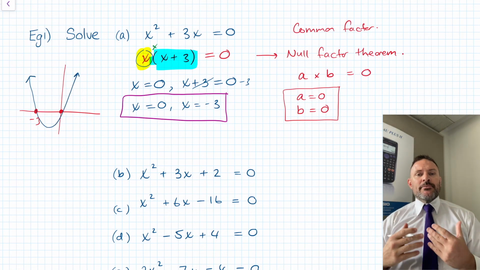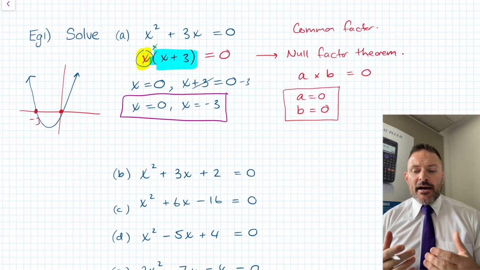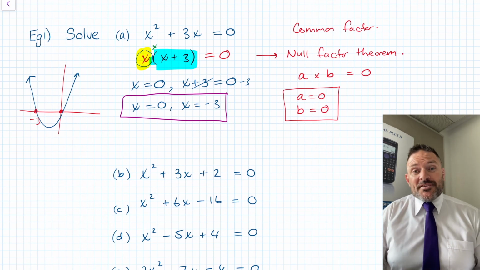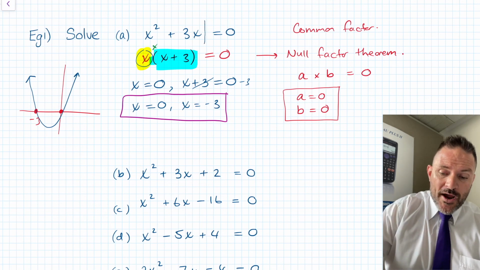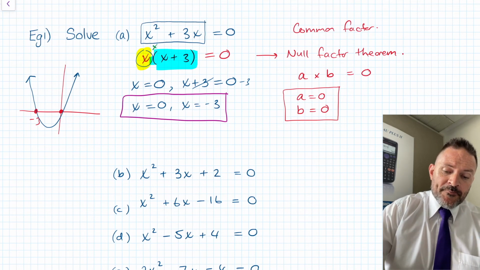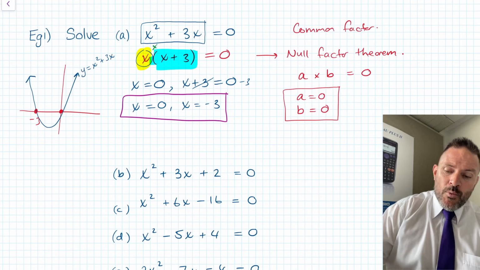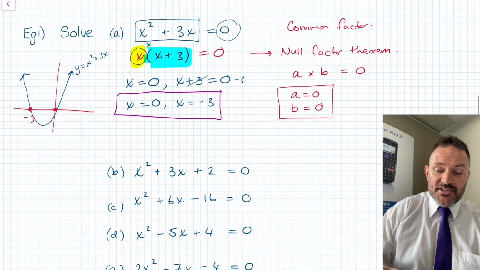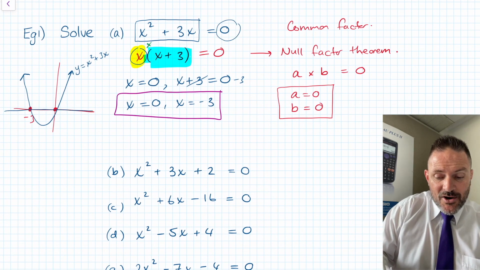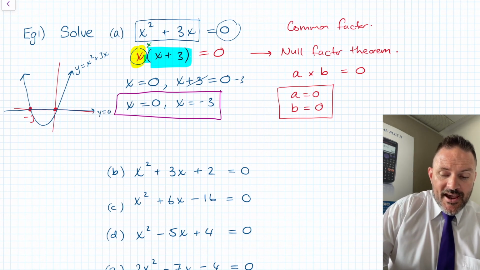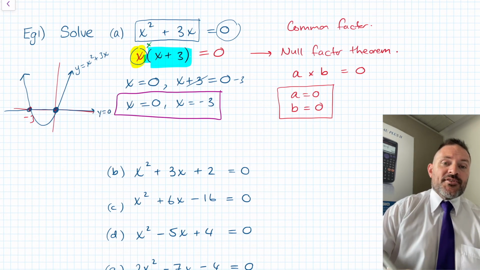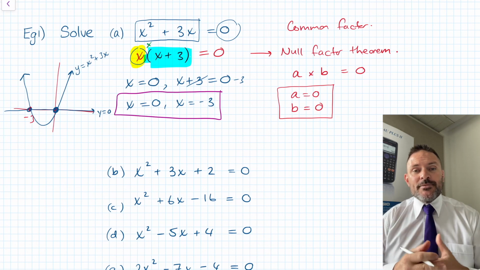We've just looked at simultaneous equations as well, and we can say that we're actually solving this simultaneously because we've got the graph of x squared plus 3x, which is this little function, and we've got the graph of y equals 0, which is a horizontal line, and we're finding the points of intersection by solving it simultaneously.